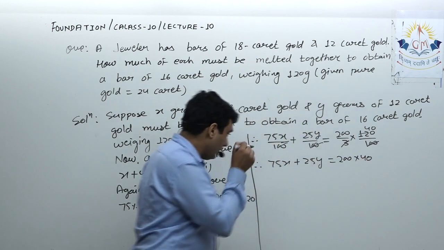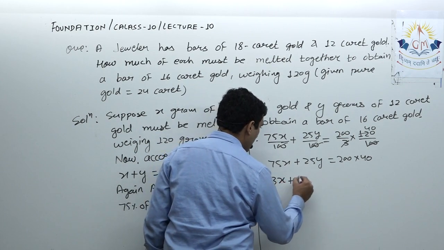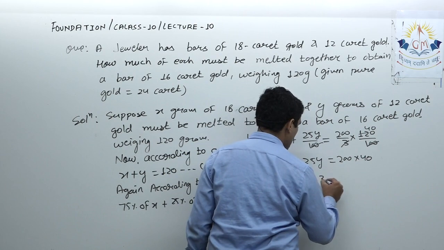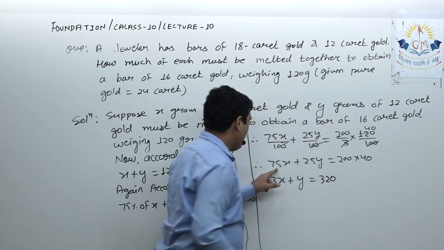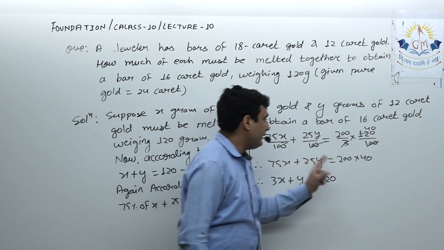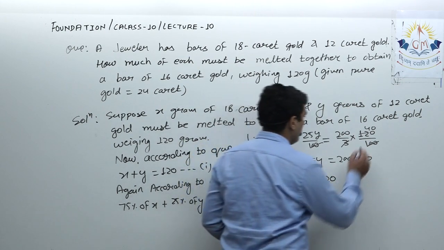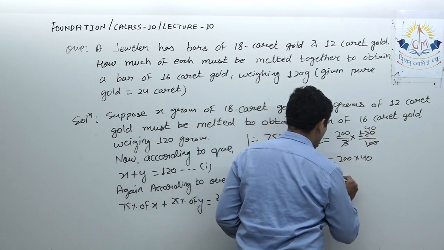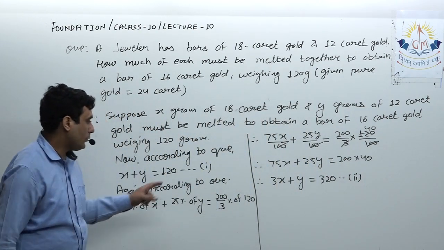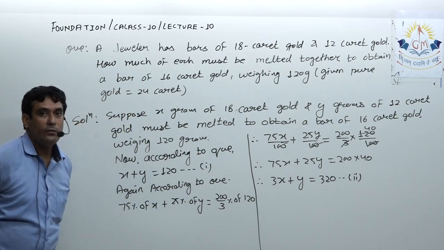Now again it is possible to divide throughout by 25, so this will become 3x plus y is equal to 320. This is my second equation. Now it is very easy to solve these equations. So now try by yourself, then I will give you the final solution.